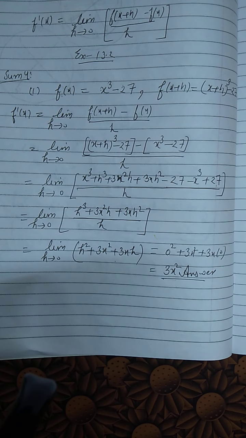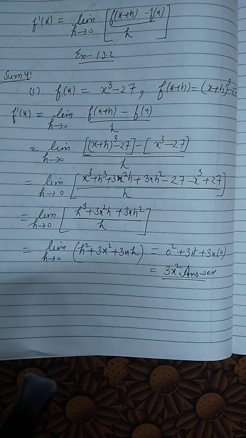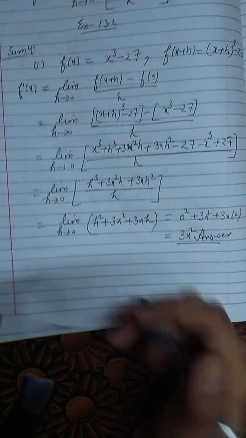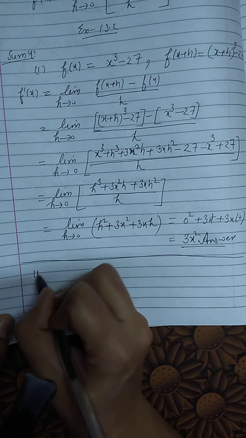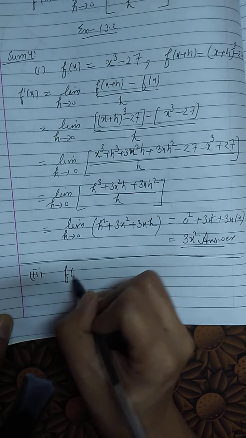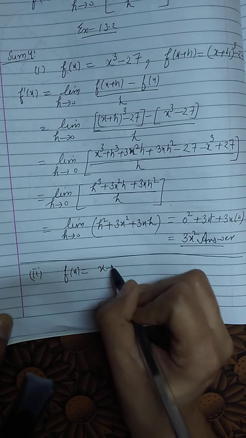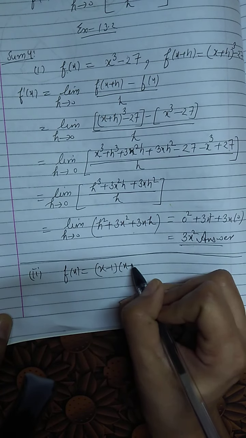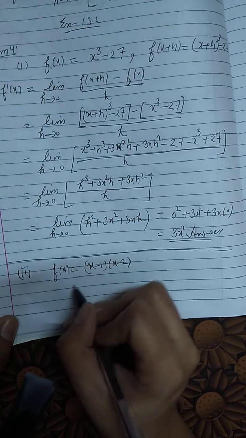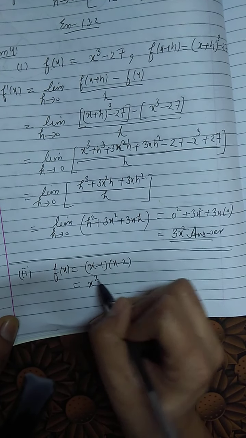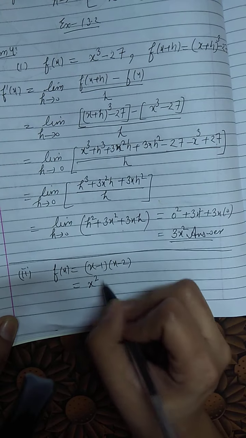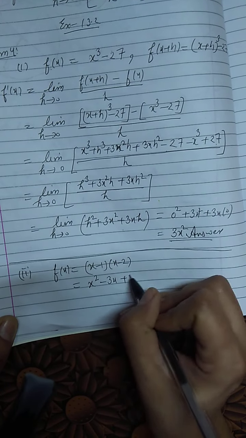Now the second part is x minus 1, x minus 2. So that also you people will do the same way. So for the second part, our function is x minus 1, x minus 2. Better if we just simplify it, it will become x square minus x minus 2x plus 2, that is x square minus 3x plus 2.